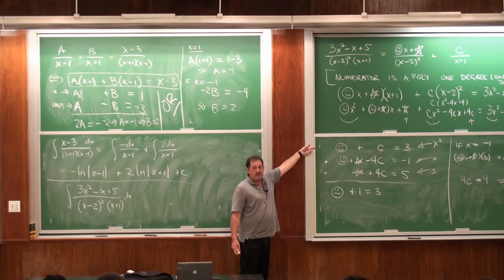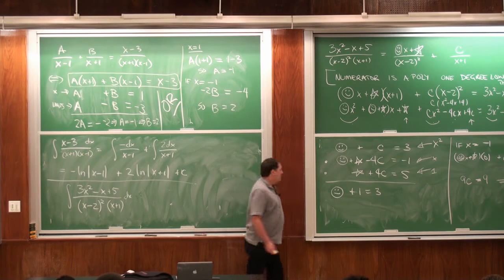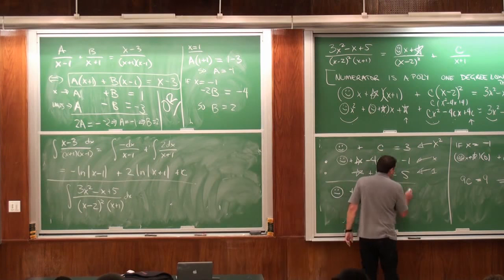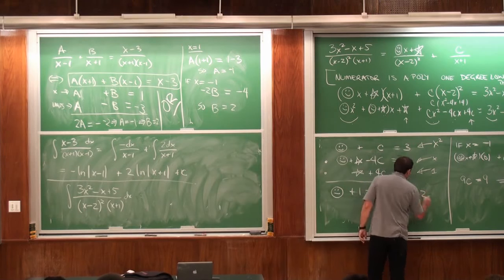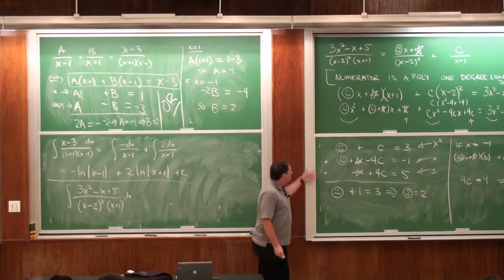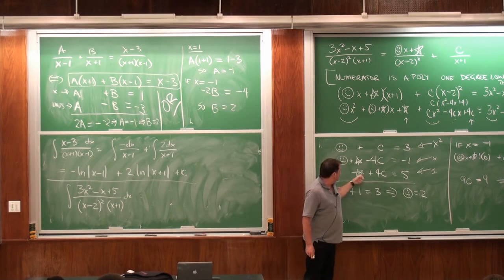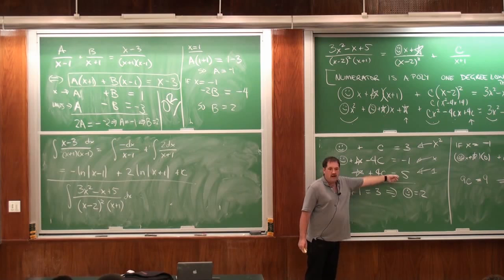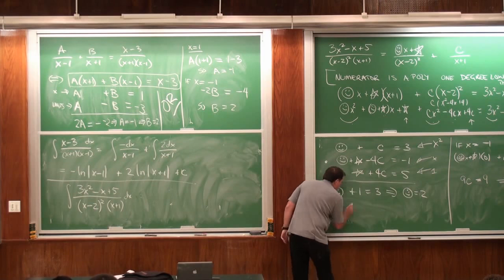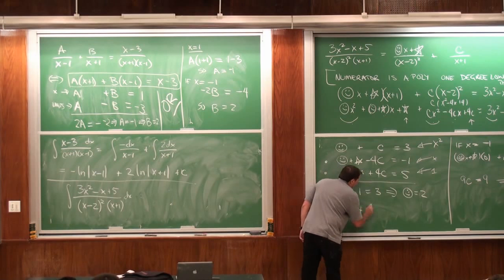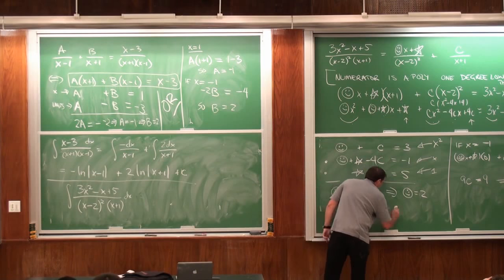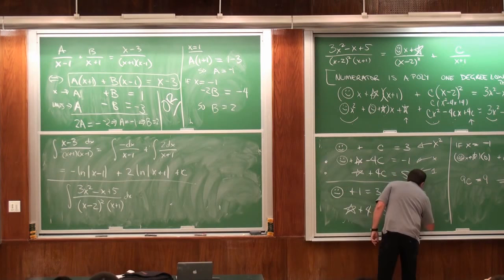So since smiley plus 1 is 3, that means smiley is 2. And since smiley is 2, and here I know that c is 1, star plus 4c is 5, so that means that star is 1.